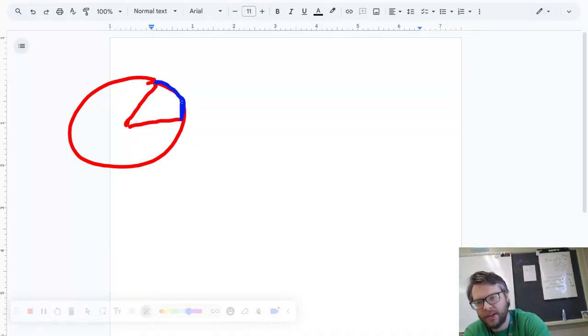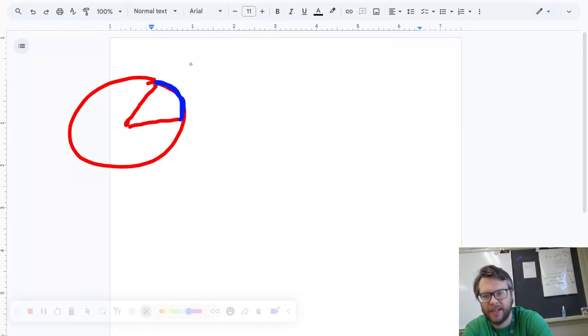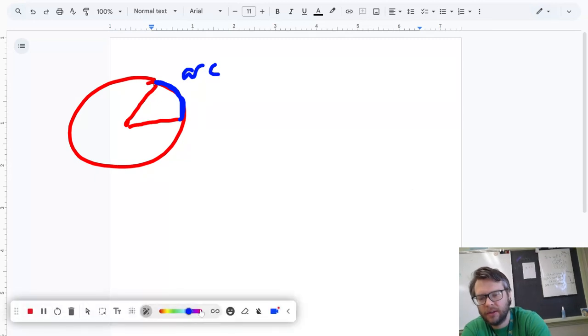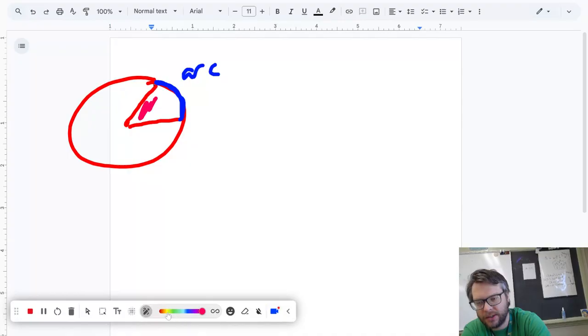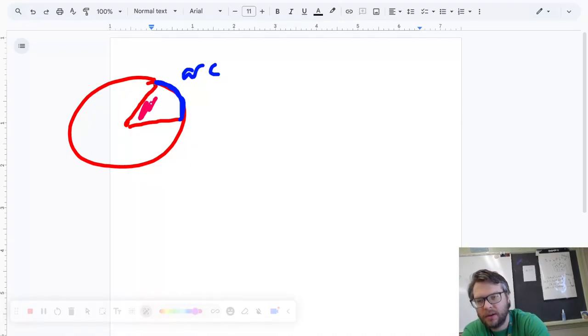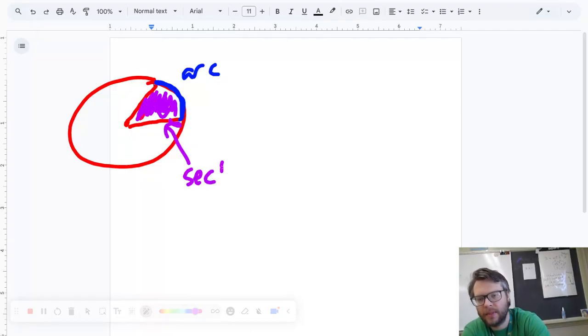The part of the circle that is the circumference, like the crust of the pizza slice there, that's called an arc. Whereas the part that is the area on the inside is called the sector.